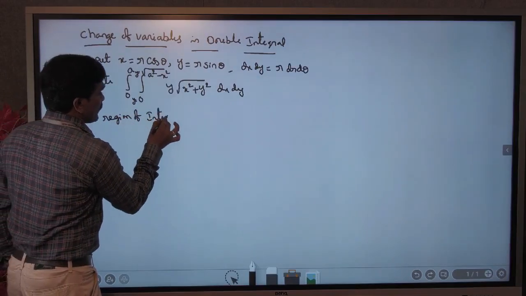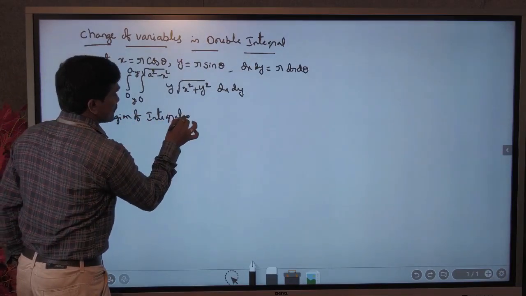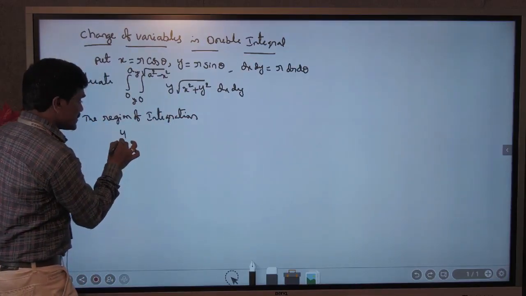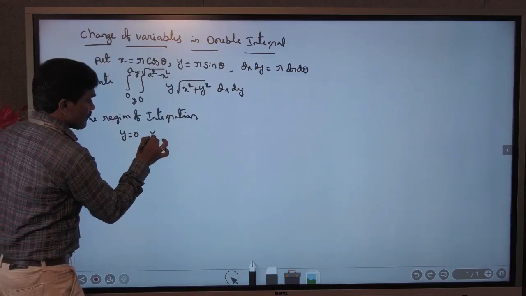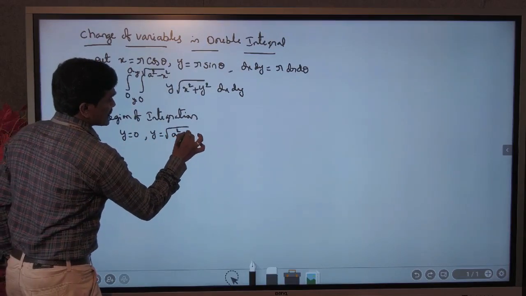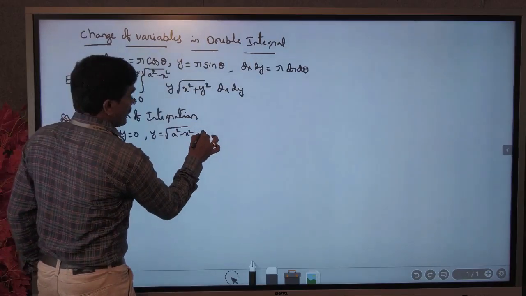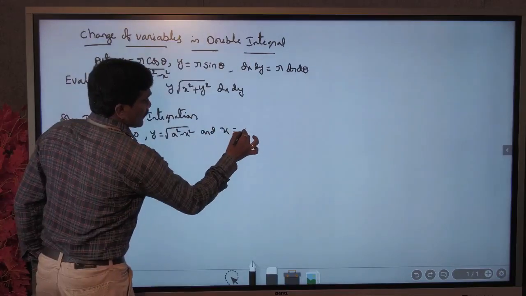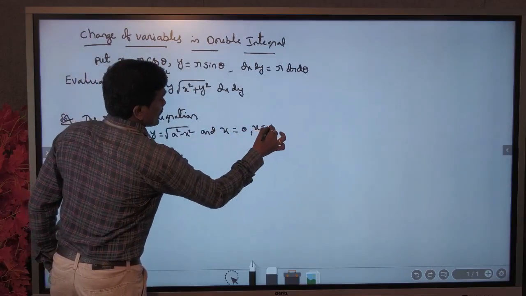Write y is equal to 0, y is equal to square root of a square minus x square, and x is equal to 0, x is equal to a.